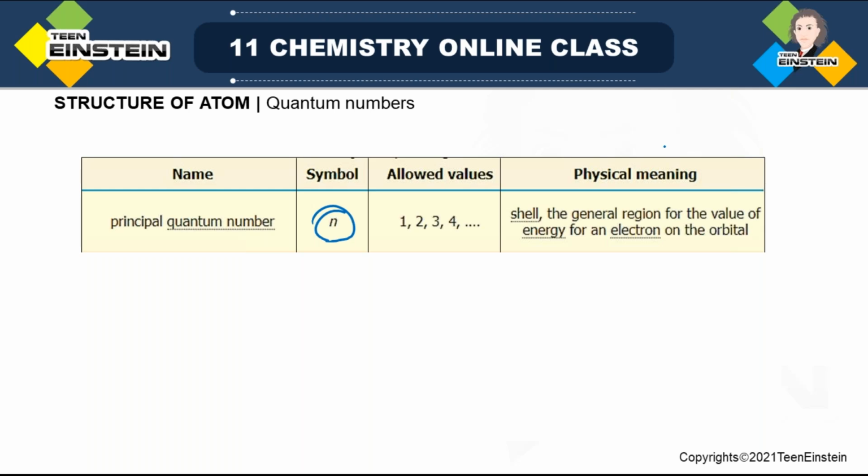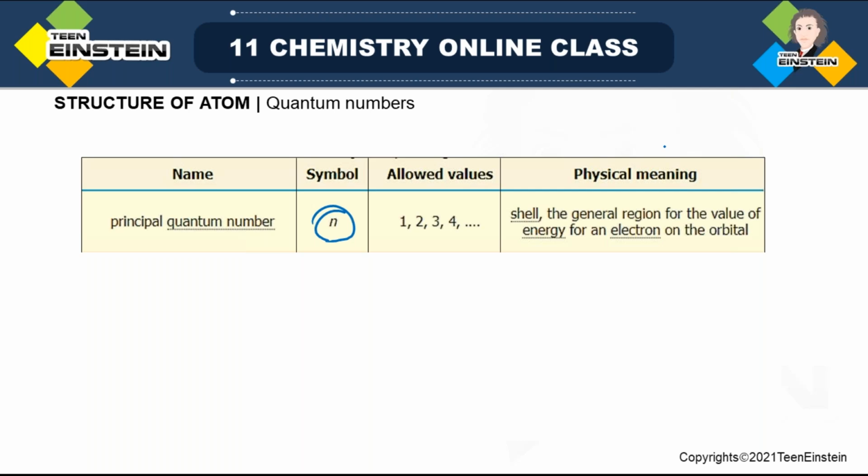It basically denotes the shell with the primary energy level, the general region for the value of energy for an electron in the orbital. So if you know n, you can understand what its energy will be, depending on whether it is level n equal to 1 or n equal to 2. Depending on that, you can understand how the energy is changing.